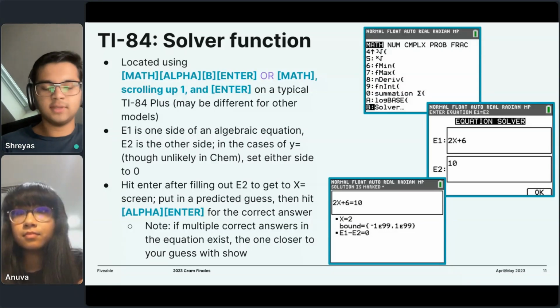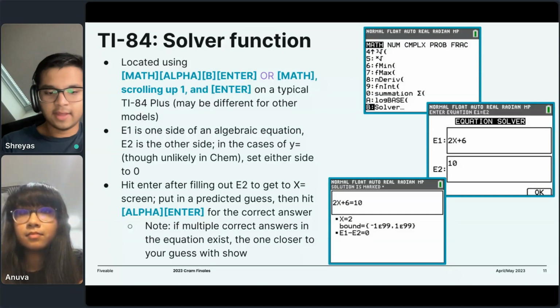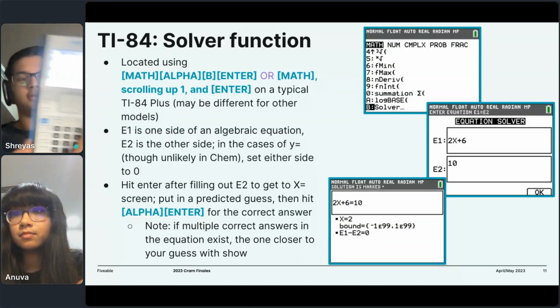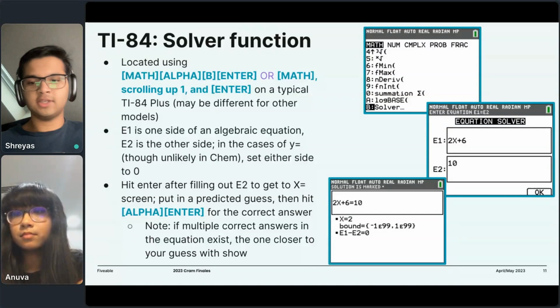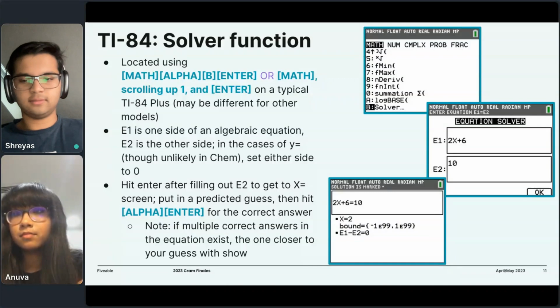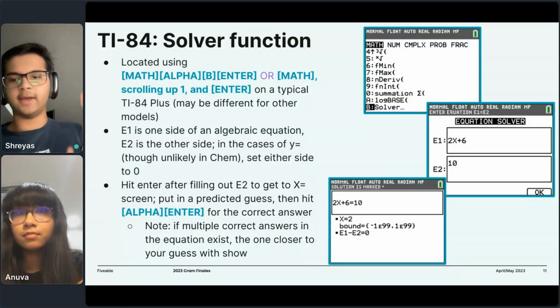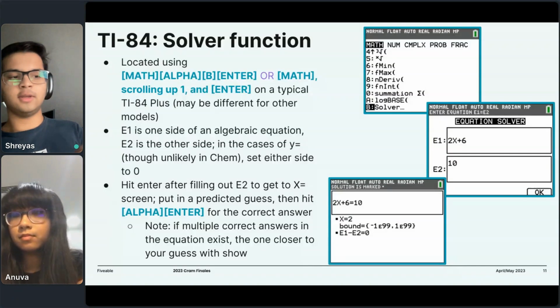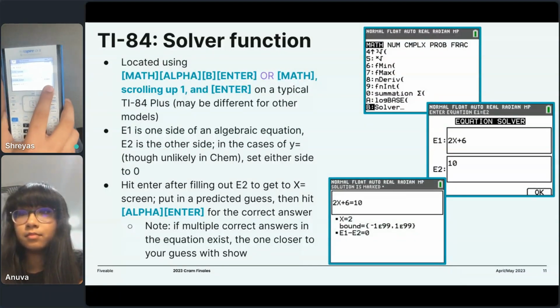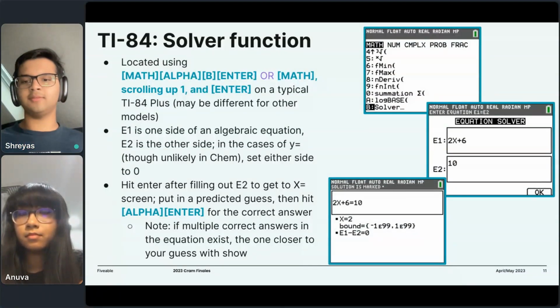So you just put equals 10, and then you do comma x. I'll type in the chat what it should say. Then if you press enter, it'll tell you what x is. It says 2 for me.